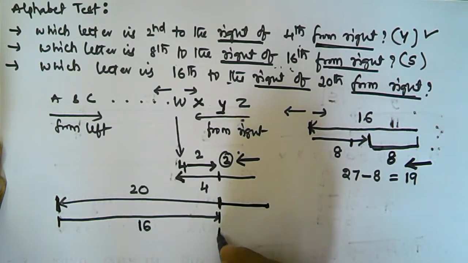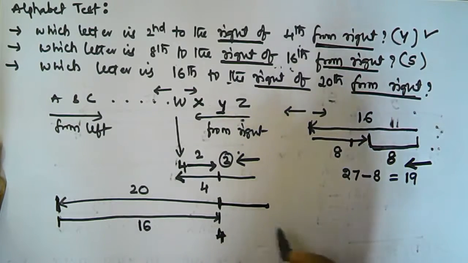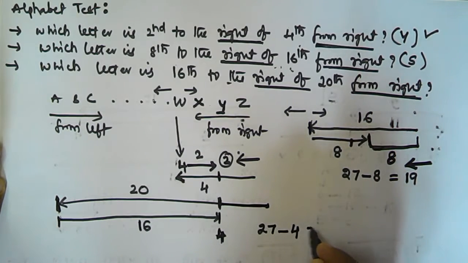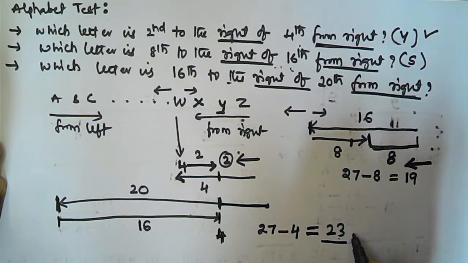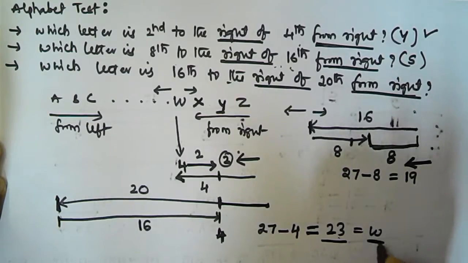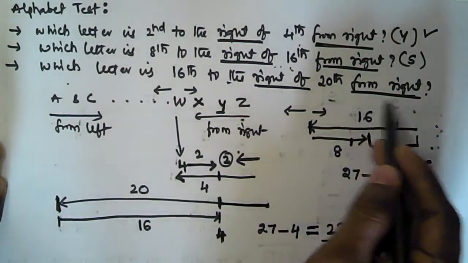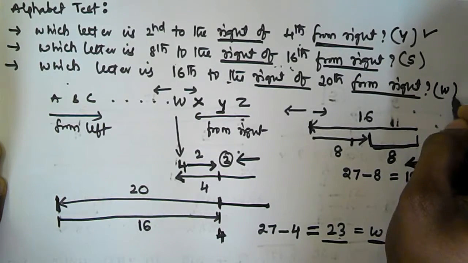So our answer is the fourth letter from right. To find it, we subtract 27 minus 4, which gives 23. So from the left, the 23rd letter is our answer. What is 20? T, U, V, W. So W is 23. So the 16th to the right of the 20th from the right is W.